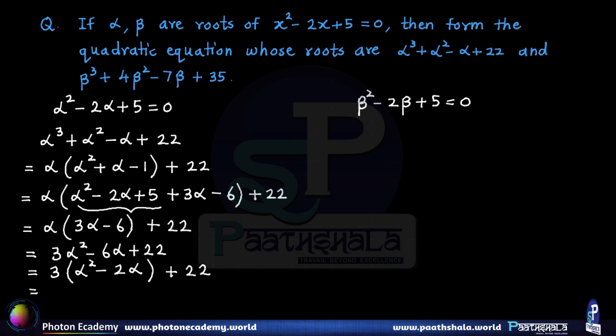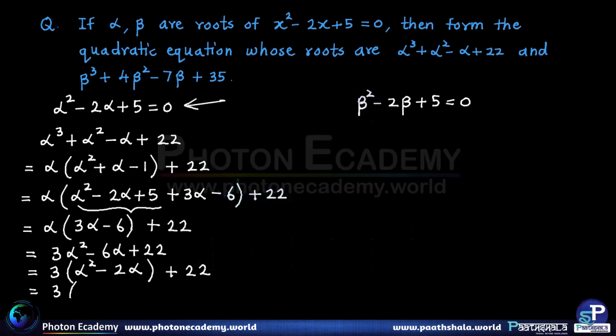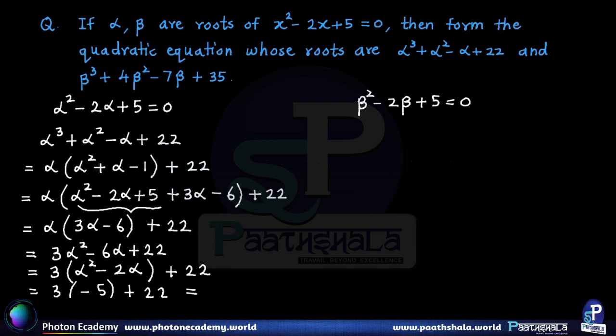Now once again we see that alpha square minus 2 alpha is nothing but equal to minus 5. So therefore we can replace this particular bracket with minus 5 and plus 22. So that is nothing but 22 minus 15, which is 7. So in short, the first root in the required final equation is nothing but 7.